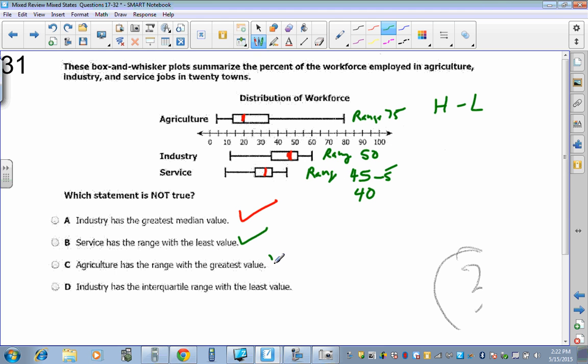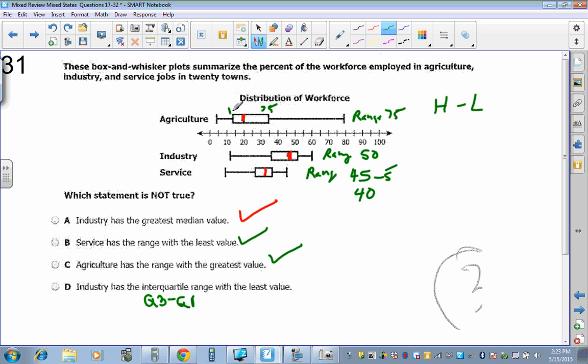That is also true. All right, it says industry has the interquartile range with the least value. Okay, and if you look here, interquartile range is quartile 3 minus quartile 1. Quartile 3 on agriculture was 35.